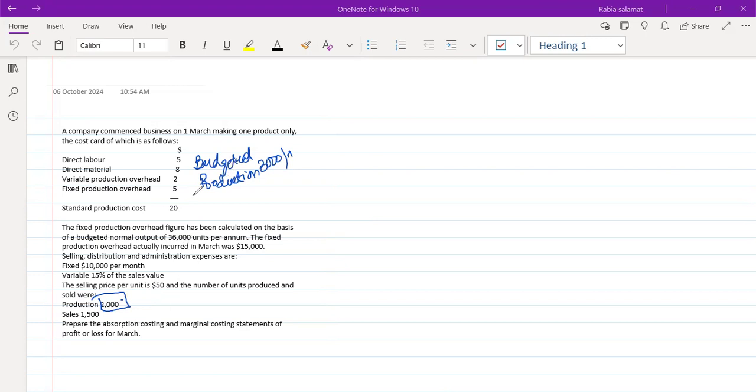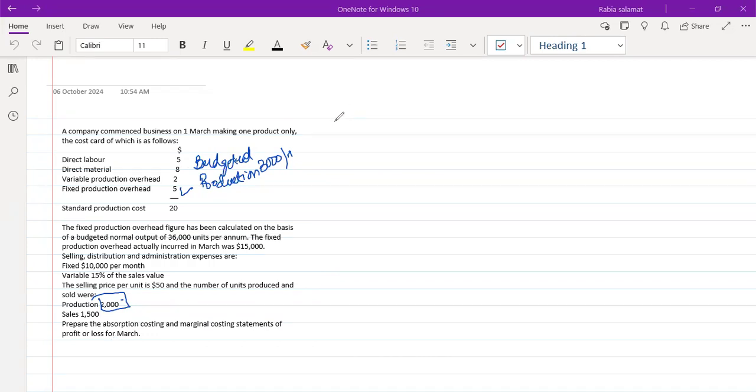We already have the absorption rate, that is 5 per unit. We have budgeted units of 3,000. Is the actual fixed production overhead given in the question? No, it is not given. So, when actual fixed overhead is not given, you will assume your budgeted fixed overhead as actual, and then compare it with the absorbed fixed overheads.